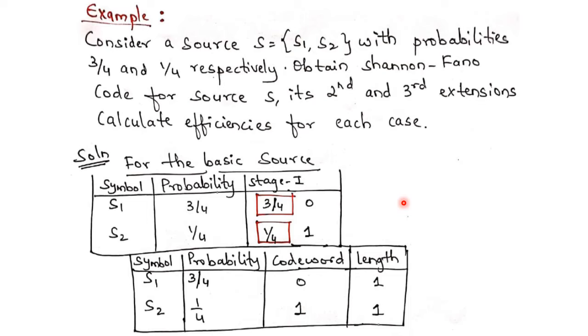So the first step for Shannon-Fano encoding algorithm was to arrange the probabilities into two groups.